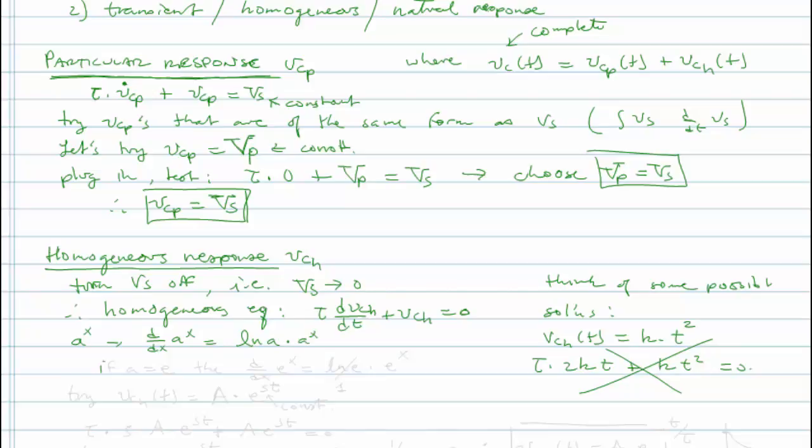And if a is chosen to be equal to the natural number e, then the derivative with respect to x of e to the x is simply equal to log of e, which is 1, times e to the x. So the derivative of e to the x gives you e to the x. That's precisely the type of function we want.